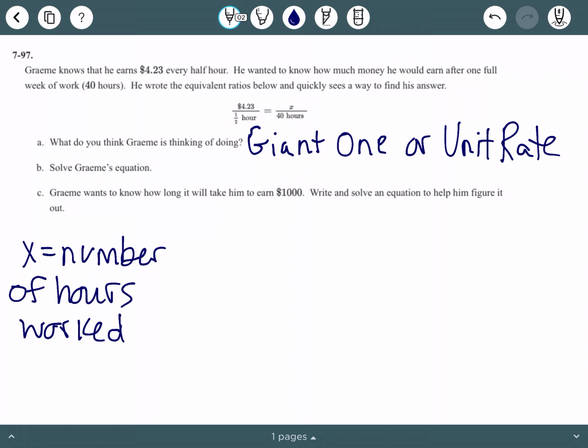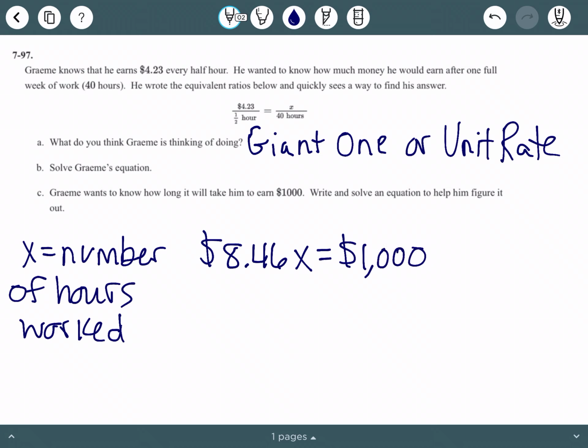All right, and we know he makes $8.46 an hour. So to write this equation, I'm going to say $8.46 times X equals $1,000.